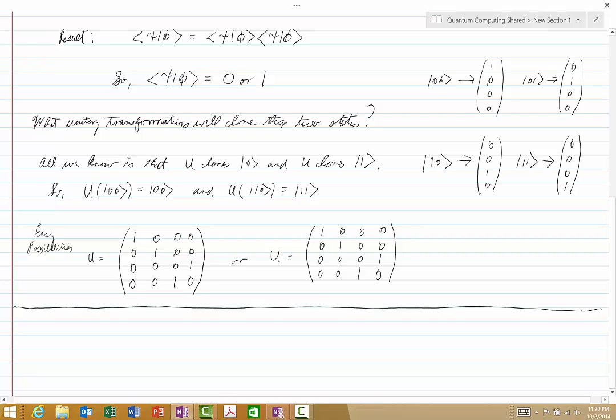And now we'll begin to talk about gates. And this course will begin to look a lot more like computer science.